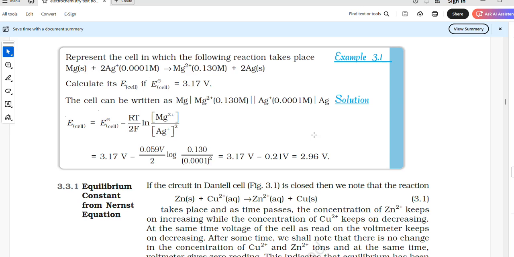The first term is 3.17. The second term is 0.21. Now you have to subtract from 3.17. Therefore, 3.17 minus 0.21 is nothing but 2.96.